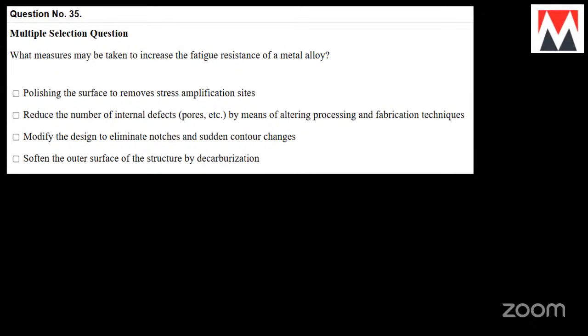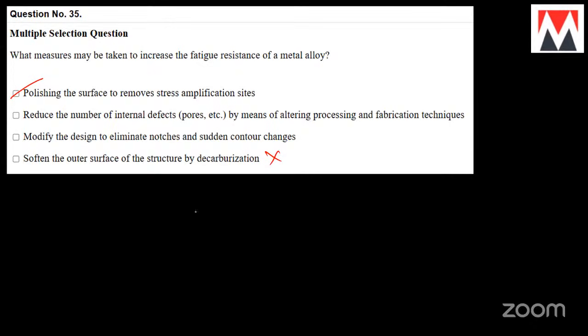Decarburization is the one which softens your outer surface.